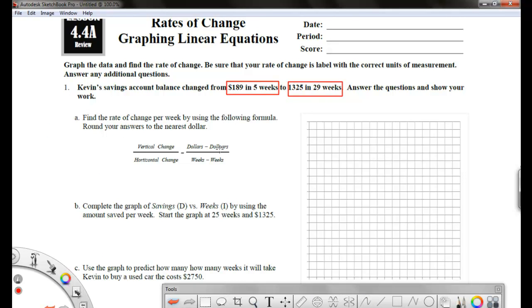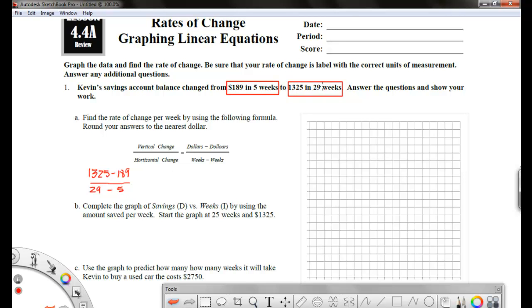So dollars minus dollars, so we're going to take 1325 minus 189, and then we'll take 29 weeks minus 5 weeks.